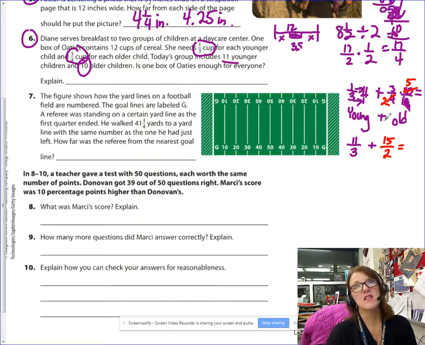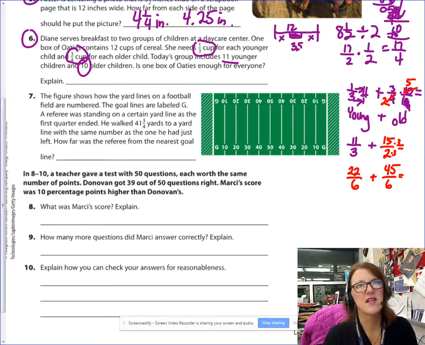Can't add fractions until you have a common denominator. It looks like with thirds and halves, I'm going to have to change everything into sixths and go to town here. So 11/3 becomes 22/6. This I'll have to multiply by 3/3.